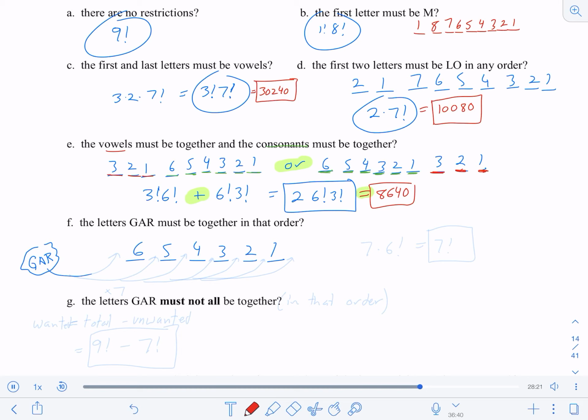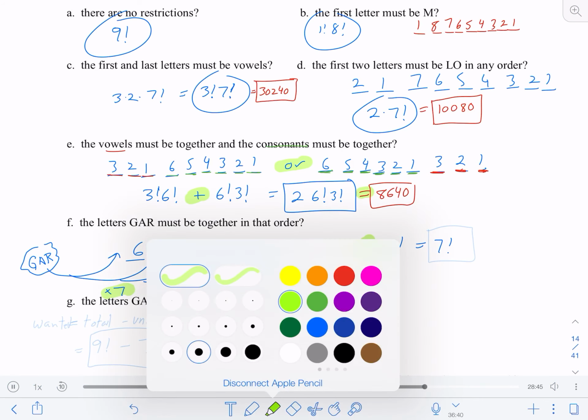I could put it here in the front, that's one way, or it could go in here, 2, 3, 4, 5, 6, or 7 different places that GAR could go. So we've got 7 times 6 factorial, or if you want to write that as 7 factorial, you can.